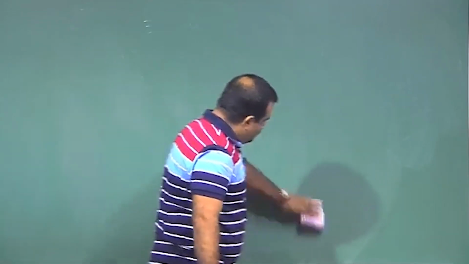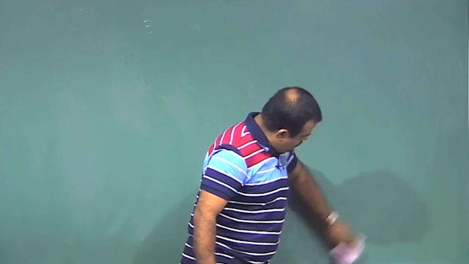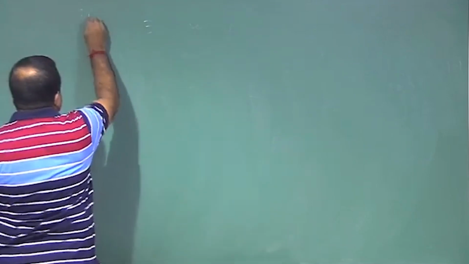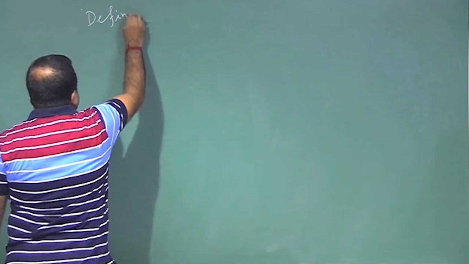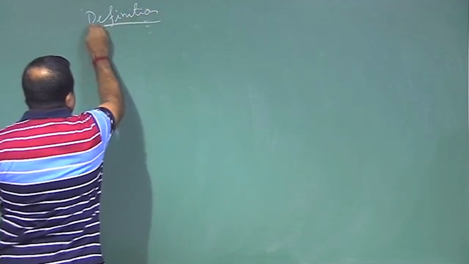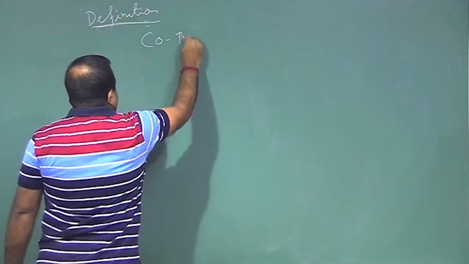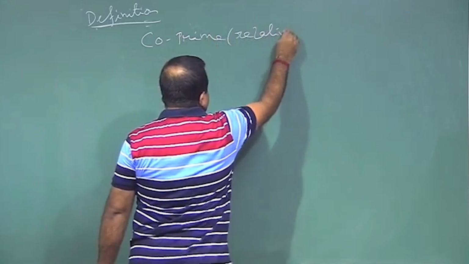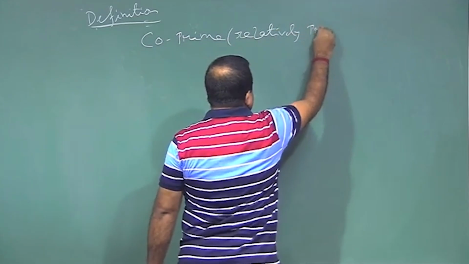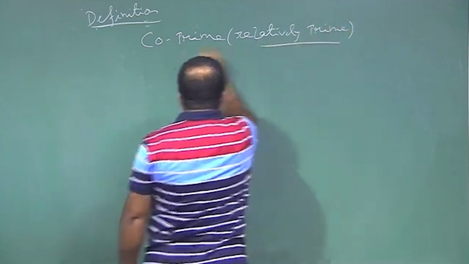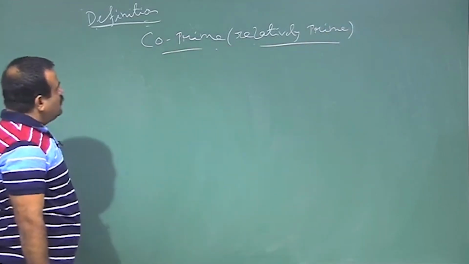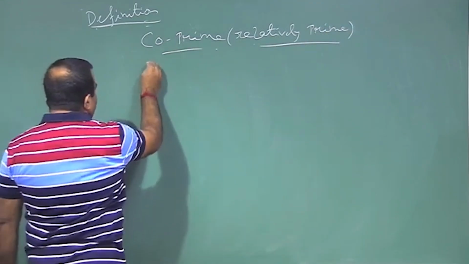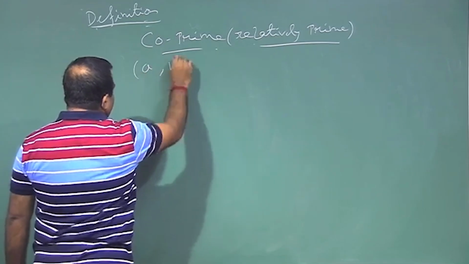Now, we define when we say two elements are co-prime or relatively prime. This is the definition of co-prime or relatively prime. Okay, we say two elements A and B are co-prime.